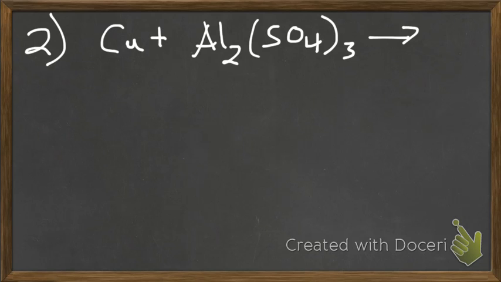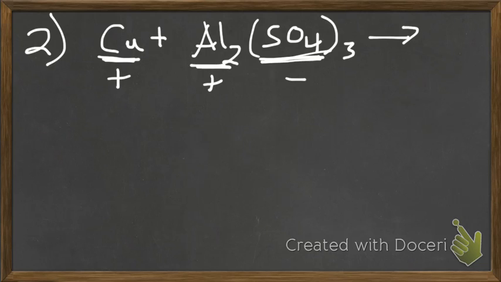Now, in order to solve the problem, we first need to look at what we're trying to compare. Right now, we know that this SO4, if we look at our table of polyatomic ions, is going to have a negative charge. This aluminum has a positive charge, and we know that copper has a positive charge.